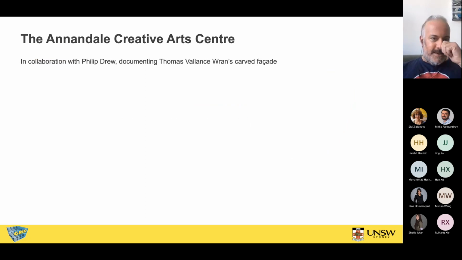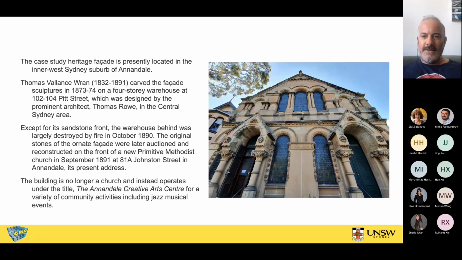So here's a job I did recently with Philip Drew, who's just finished his PhD at Built Environment. He's actually a recognised historian. He's an older fellow, and he was very interested in looking at what's now a community centre in Annandale, just up the road from where I live, which has quite an ornate facade made out of sandstone.